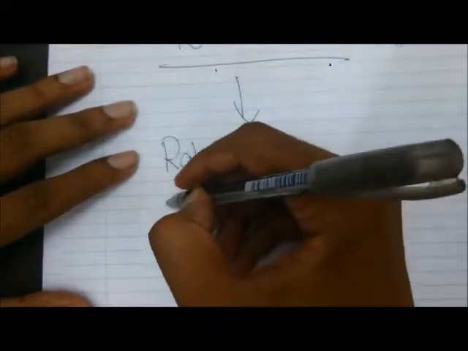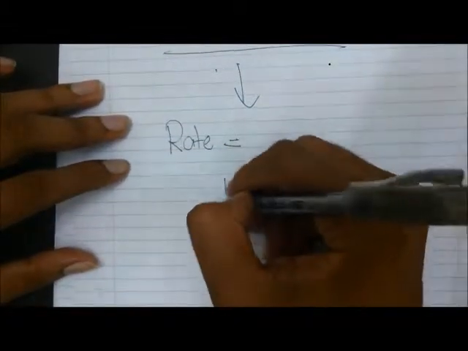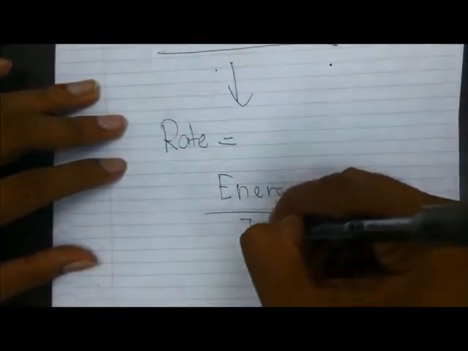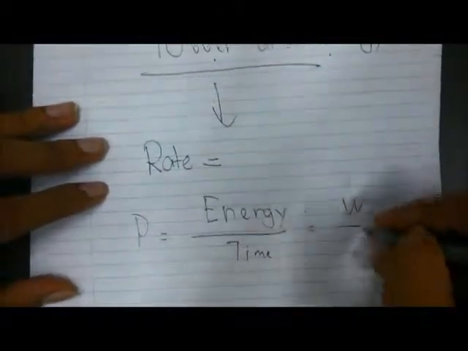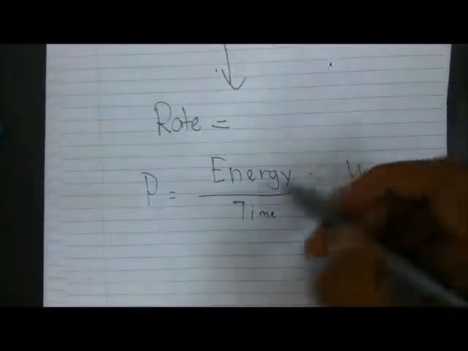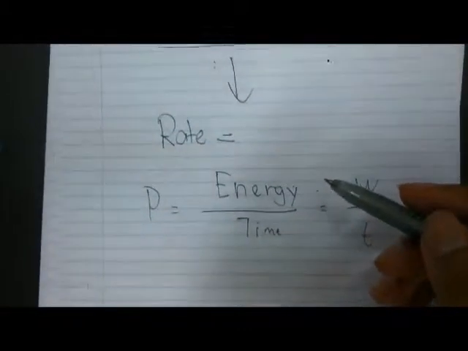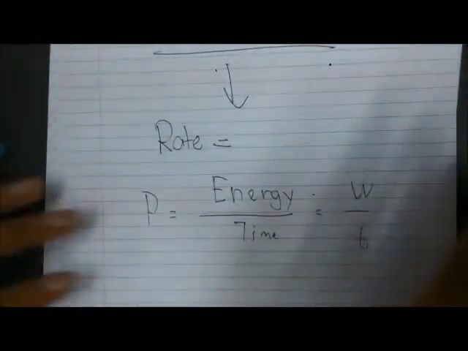So we can conclude that power is energy over time, power equals W over T, because power is the energy used over time, a rate of energy used. So that is power. And now we move on to the last part of basic concept.